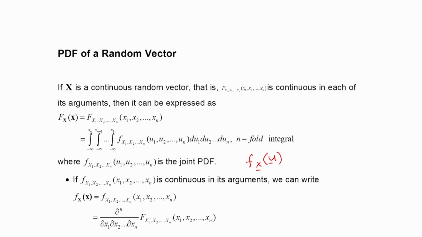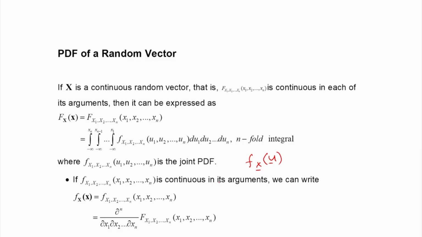Now, suppose this joint PDF is also continuous in its arguments, it is continuous in x1, continuous in x2 etc. Then this PDF of the random vector f_X of x can be expressed as the nth order mixed partial derivative, del to the power n, del x1 del x2 etc. up to del xn, of the CDF.